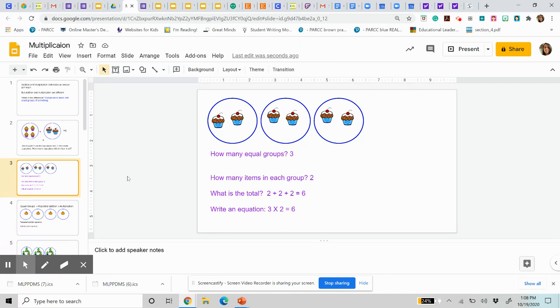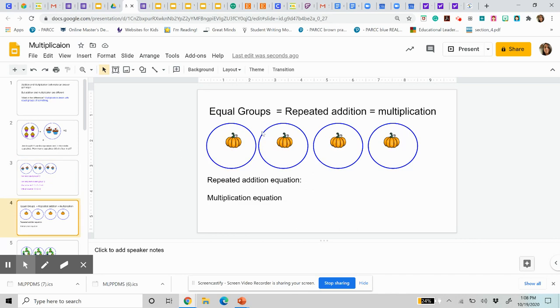Okay, so let's look at another one. I just put this up here, equal groups. You could do repeated addition, and you could do multiplication. I noticed right up front, I have 1, 2, 3, 4 groups, and I have 1 in each group.